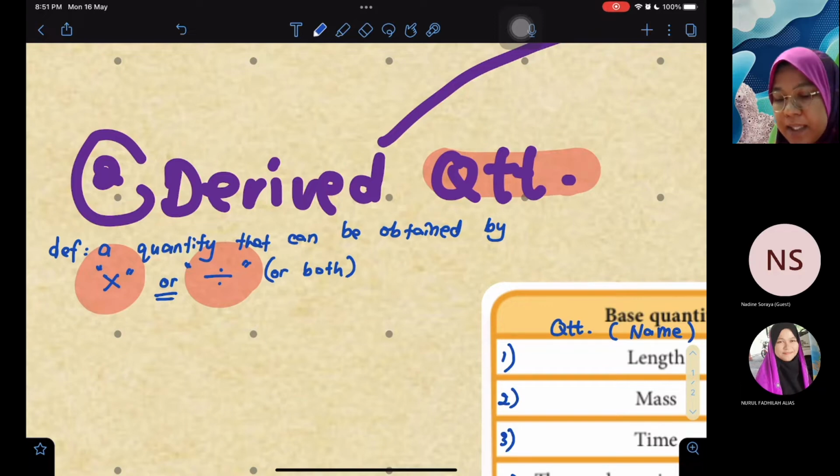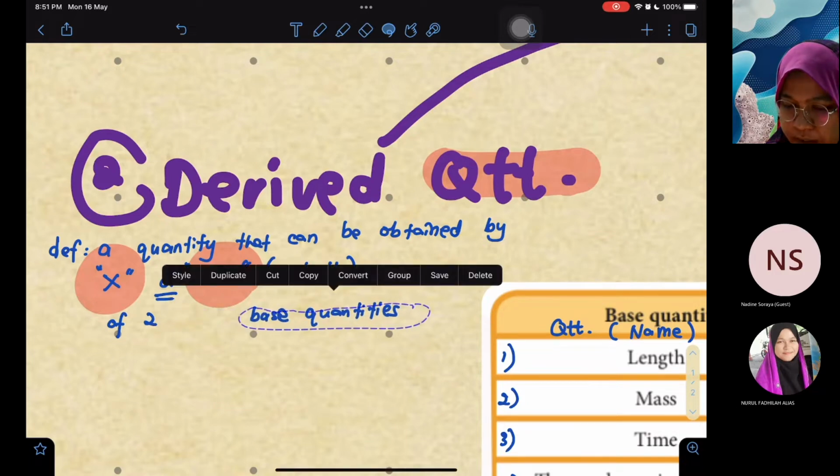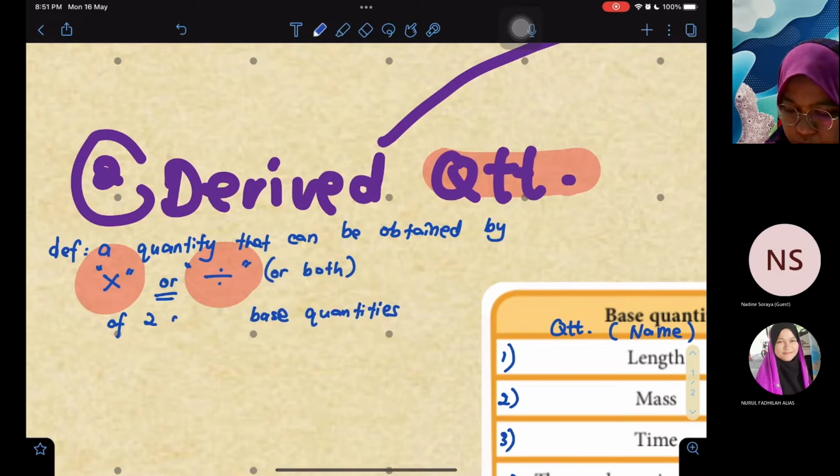Kita bahagi apa dengan apa? A quantity that can be obtained by multiplication or dividing or both operation of two basic quantities ataupun base quantities. So sama ada kita nak cakap dia two sahaja ataupun kita boleh kata two or more base quantities.